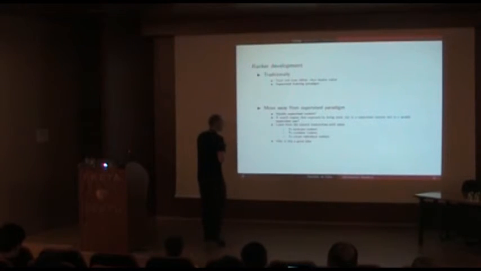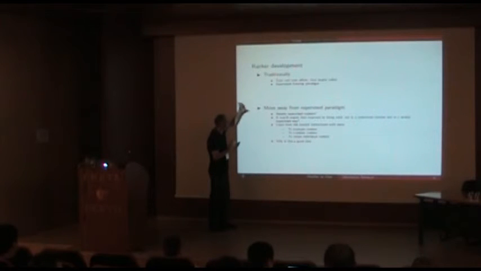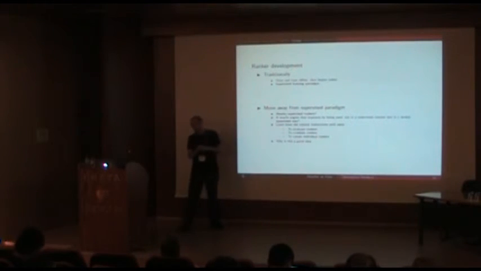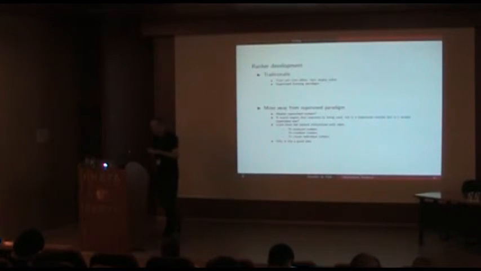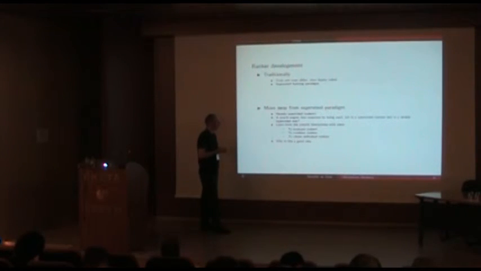Now what we've seen over the last couple of years is a slow move away from this paradigm to more weakly supervised rankers. So those are rankers, or rather combinations of rankers, that improve by being used.